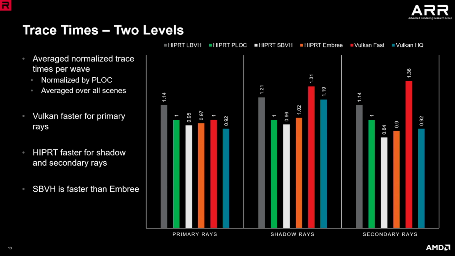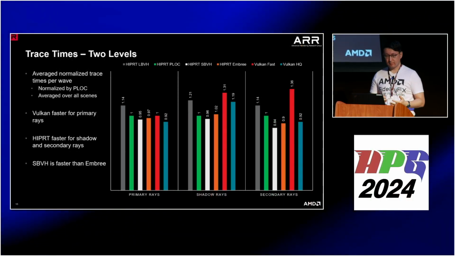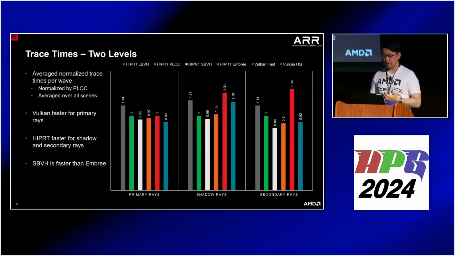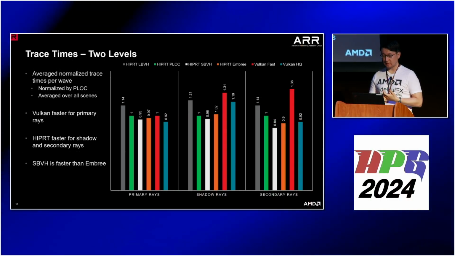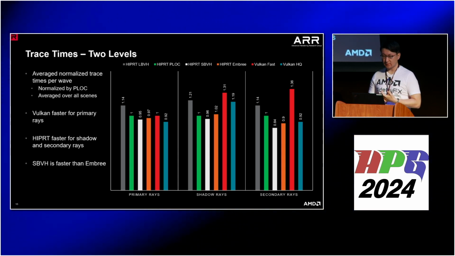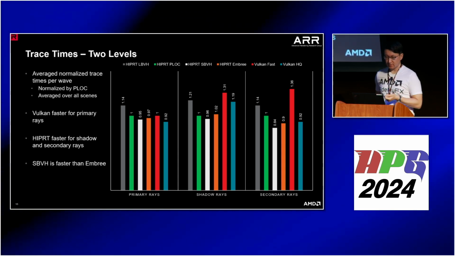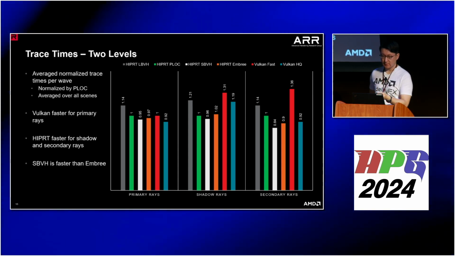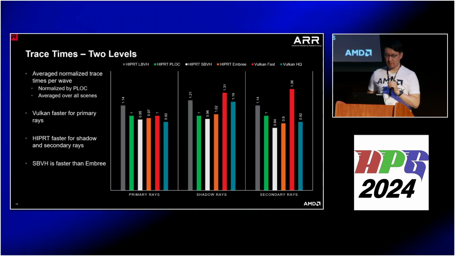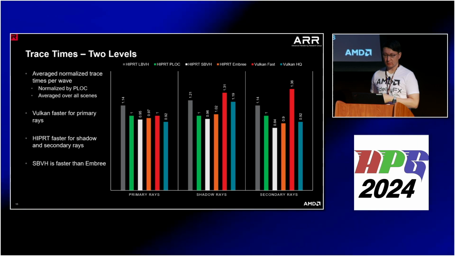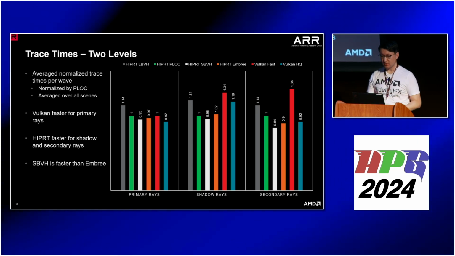One observation is that Vulkan is faster for primary rays, but way slower for shadow rays and slower for secondary rays. HIPRT is faster for shadow rays and secondary rays. Our SBVH is also, what is interesting, faster than that imported Embree-built BVH, so that's also an interesting observation here.